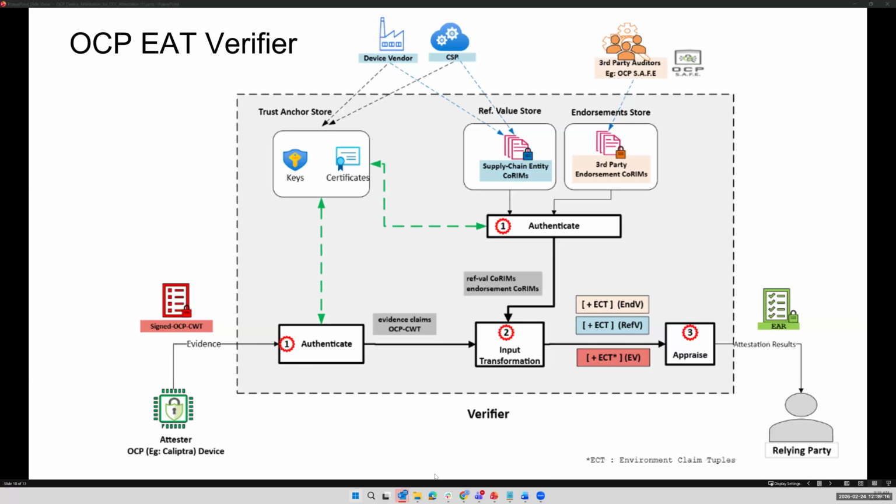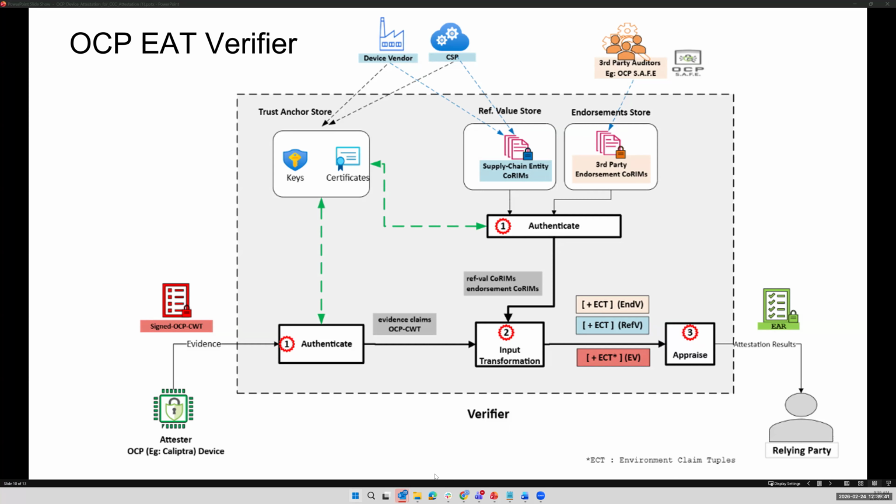So this is perfect. That makes total sense to me. However, I would expect the OCP CWT to be present in a larger aggregate, which comprises the platform evidence, the workload evidence, and everything bound together in one lump.